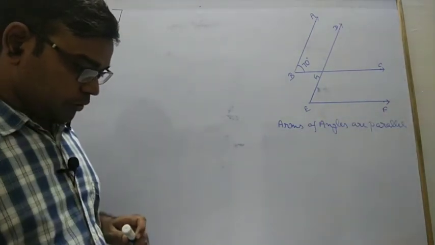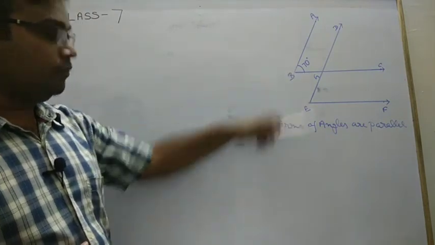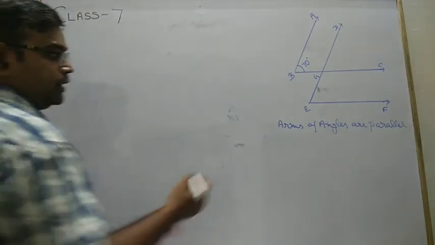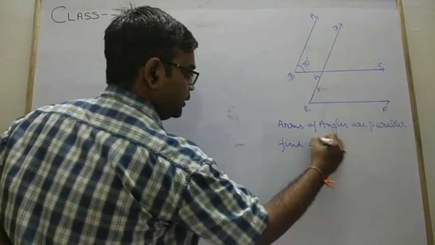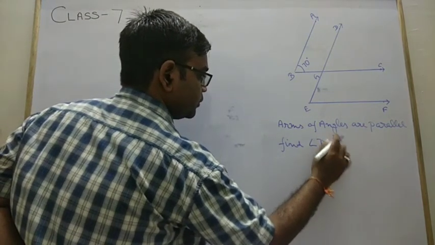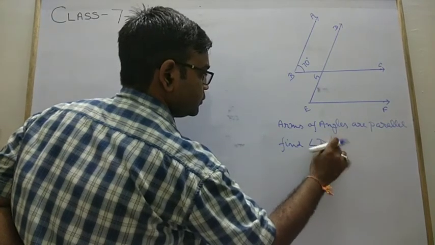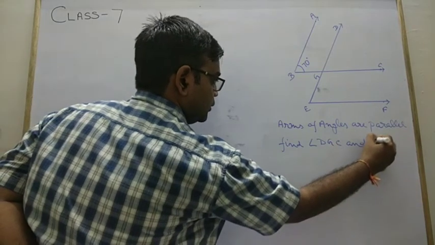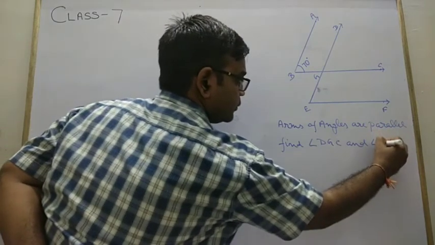Then the question says the value of angle ABC is given as 70 degrees. You have to find the angles DGC and DEF. Question says find angle DGC and angle DEF.